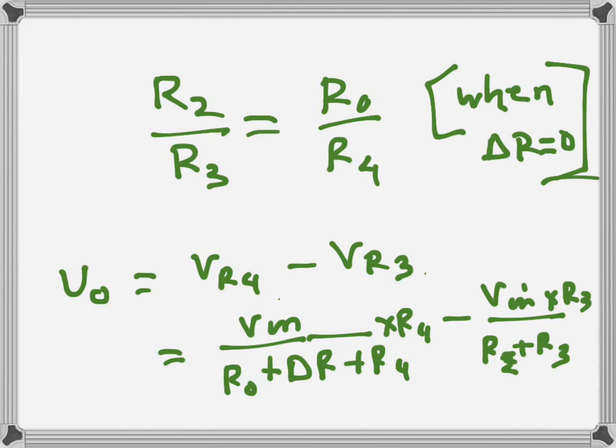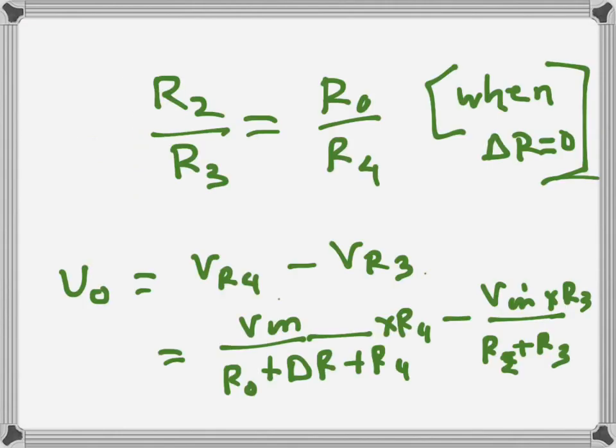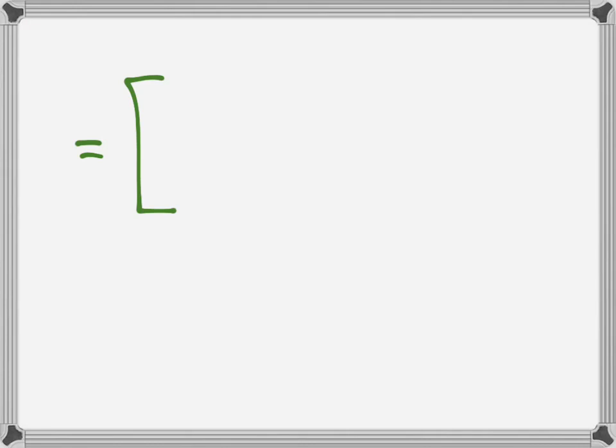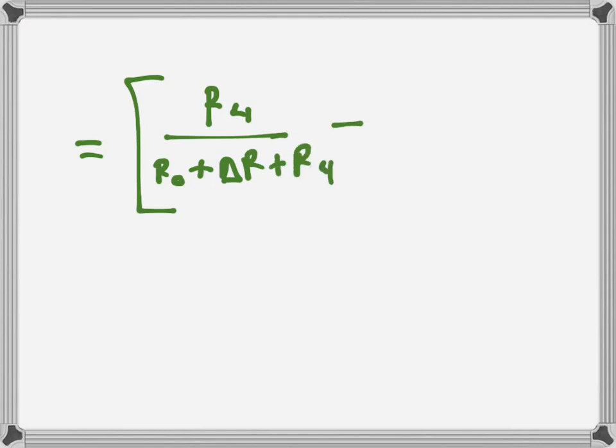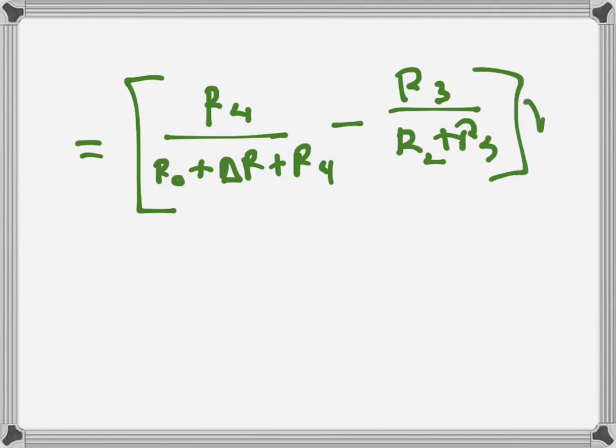So we can rewrite this, taking the V in out: R4 divided by R0 plus del R plus R4, minus R3 divided by R2 plus R3, times V in. This is our V0.